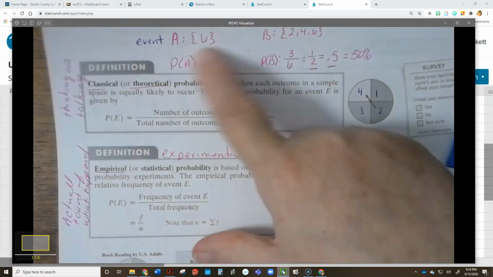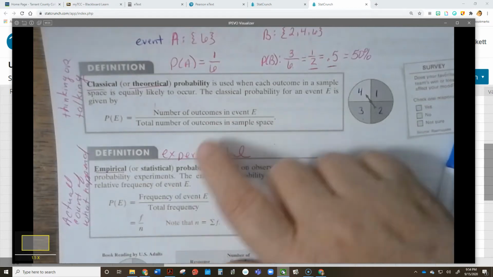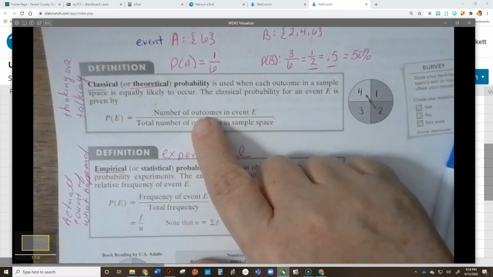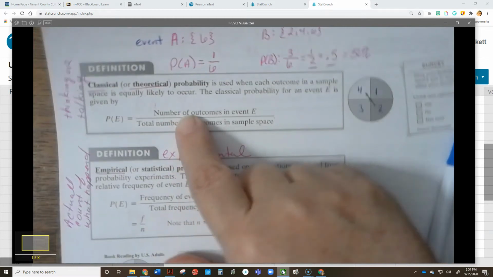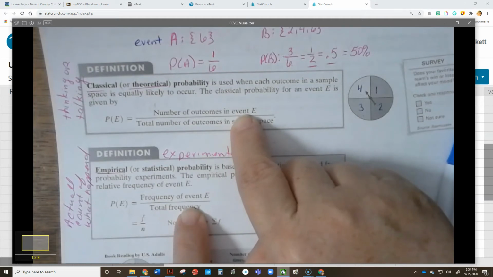They could name it with a capital letter, or they could just name it with a word. But here's the difference. Notice this is a fraction, and this is a fraction; they're both fractions. The difference is what number goes on top and what number goes on bottom.